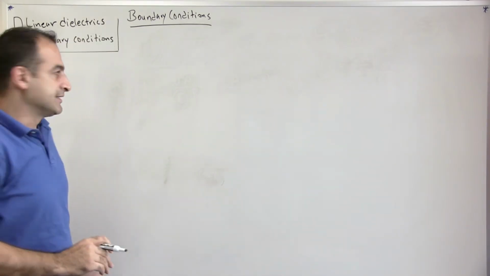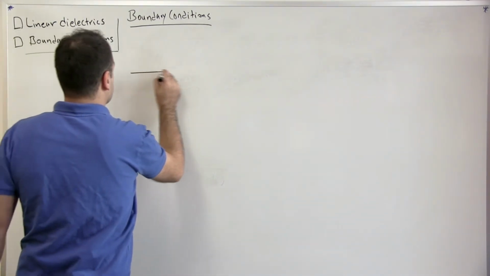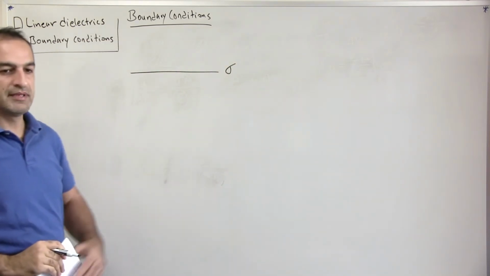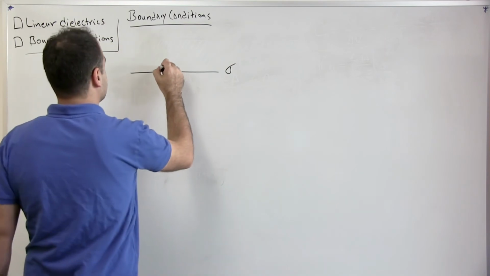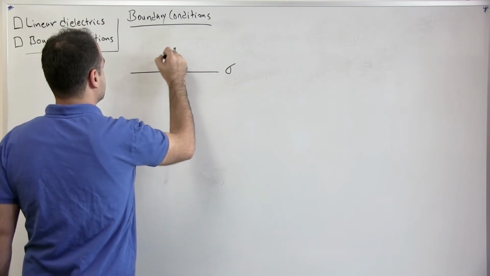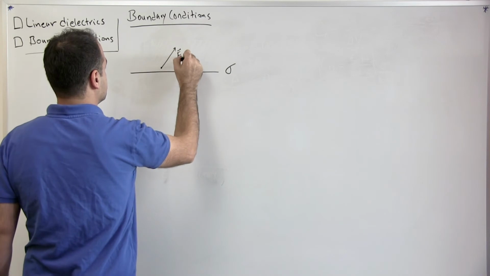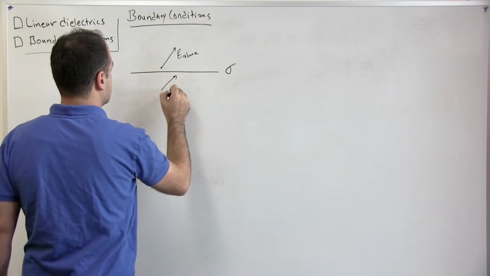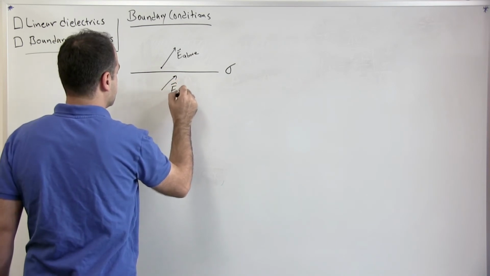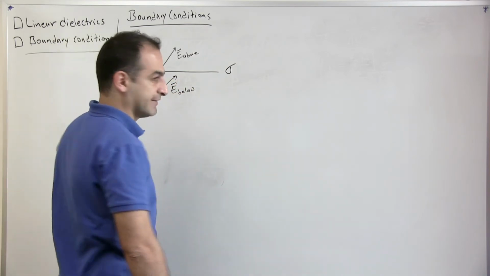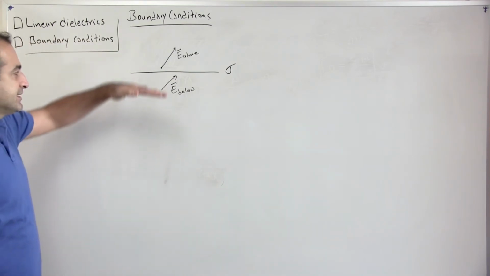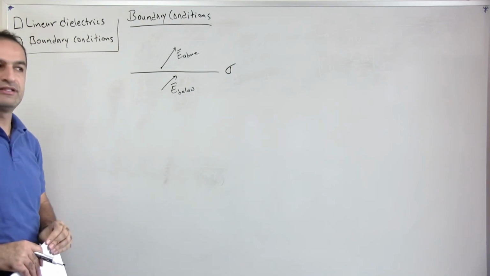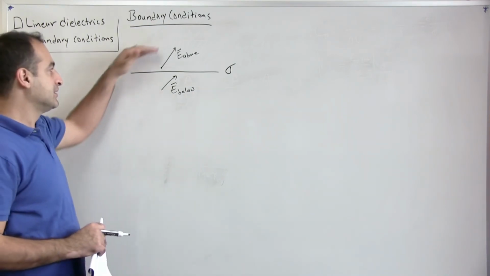So boundary conditions, we already talked about the cases that we have a surface carrying the charge sigma, and we looked at the electric field above and the electric field below the surface. Okay, and we said because of this charged surface, the vertical component of the electric field is not the same on both sides.